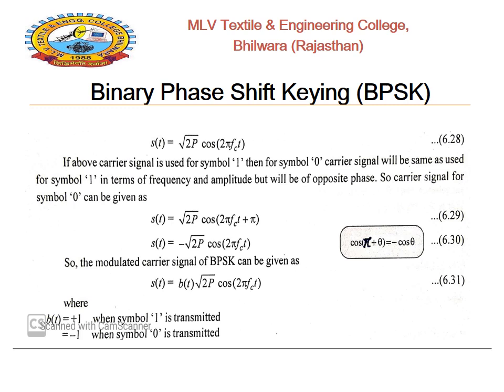So the modulated BPSK signal can be given as S of t equals B of t √(2P) cos(2 pi fct), where B of t equals +1 when symbol 1 is transmitted, as given in equation 6.28, and B of t equals -1 when symbol 0 is transmitted, as represented in equation 6.30. Respectively, symbol 1 is represented in equation 6.28 and symbol 0 in equation 6.30.